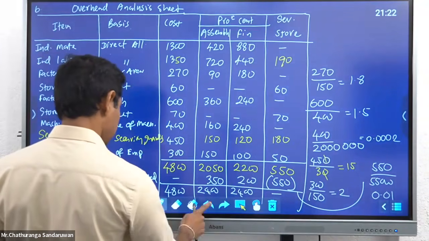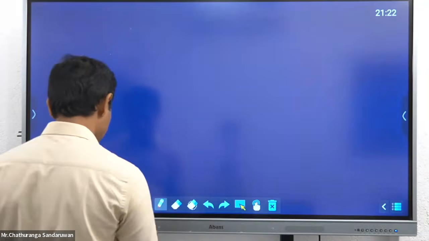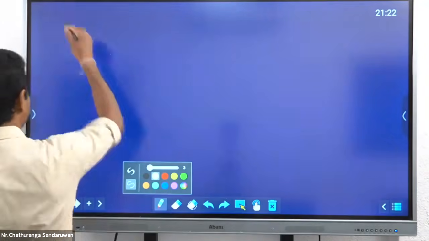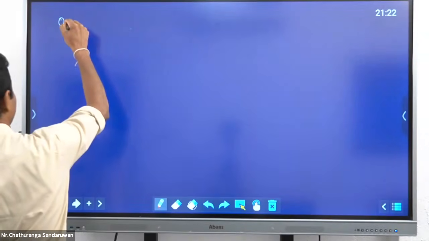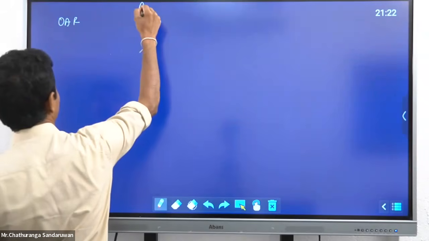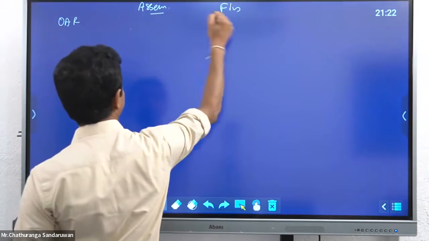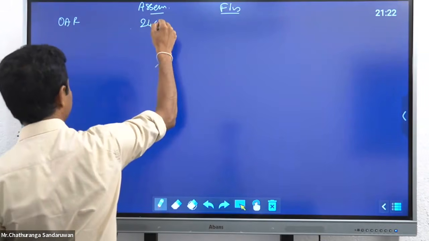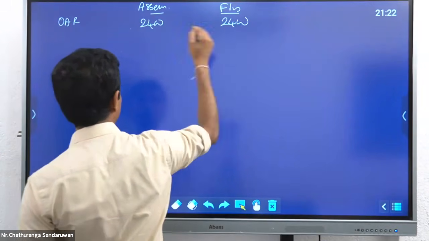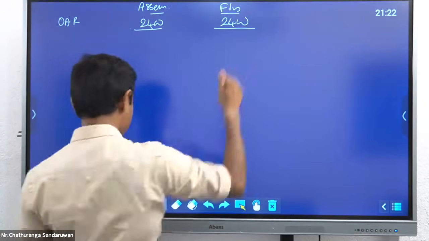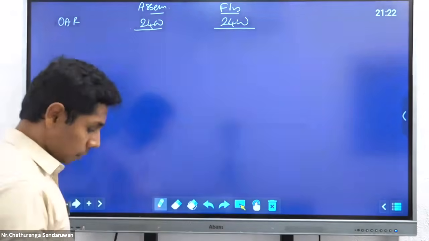So we can calculate the overhead absorption rate for the assembly department and the finishing department. Both departments have a budgeted overhead cost of 2,400.